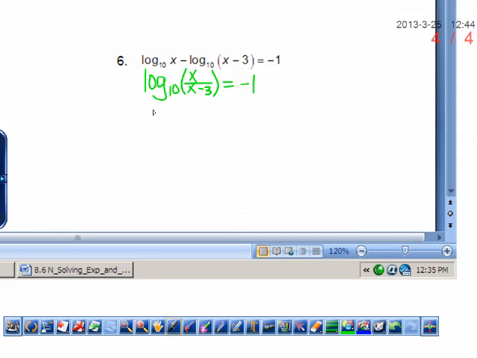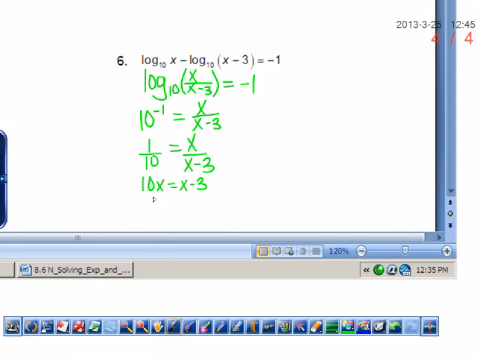Then we rewrite as an exponential. So 10 to the -1 equals x over x minus 3. What is 10 to the -1? 1/10. X over x minus 3. What should we do from here? Cross multiply. So this is going to be 10x equals x minus 3.